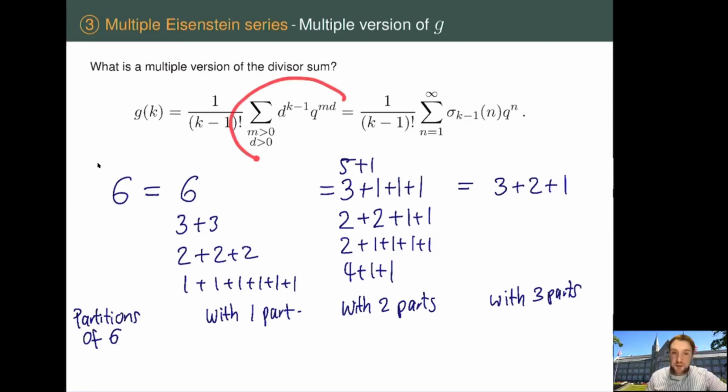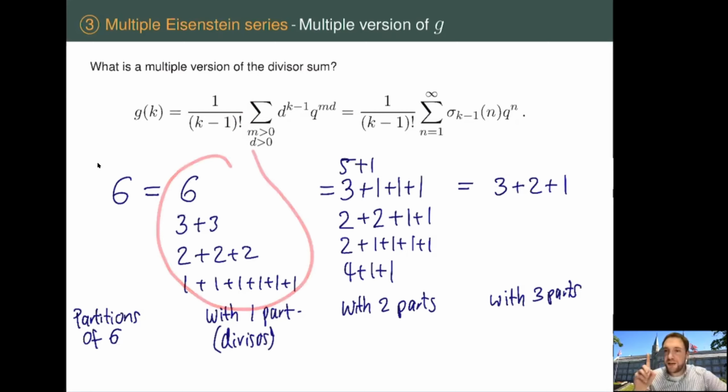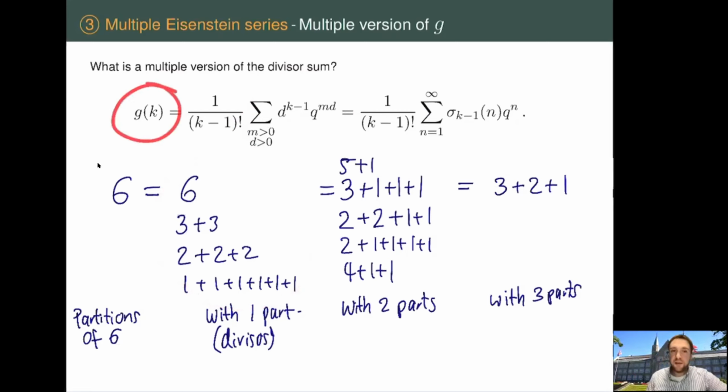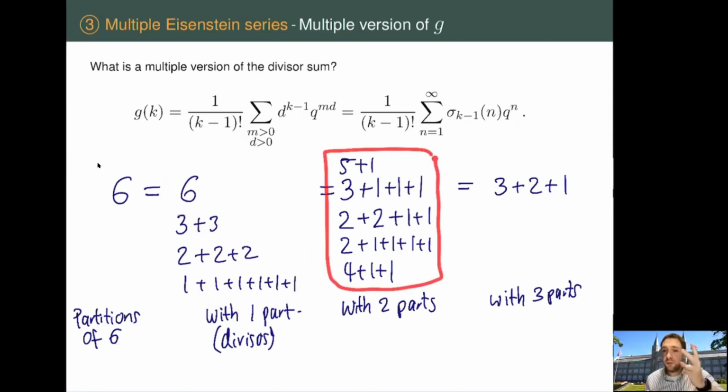And what we summed here were the divisors. So divisors correspond to partitions of 6 where I'm just allowed to have one part. And how we want to define the multiple version of this G: in depth 2, we will consider the partitions of 6 with 2 parts.